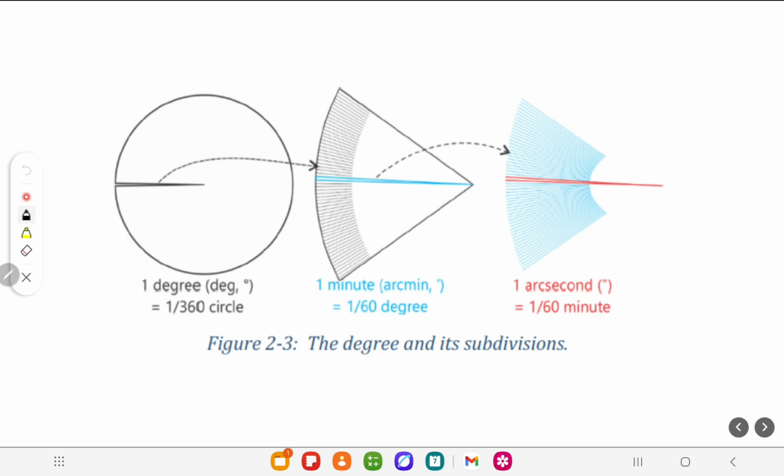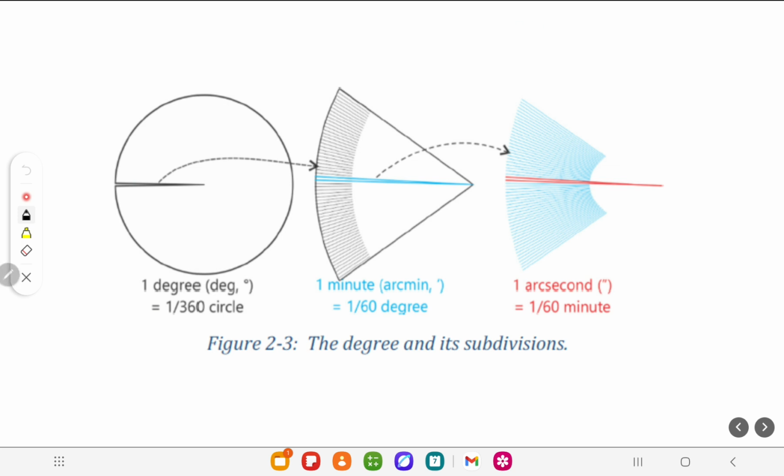Before learning about radiometry and photometry, we have to understand what an angle is. Angle is a dimensionless parameter, because though angle has degrees or radians, actually angle does not have any dimension.